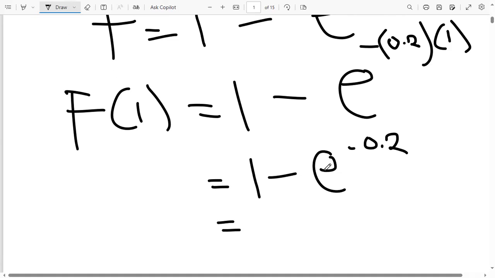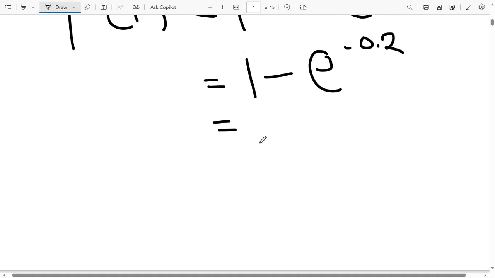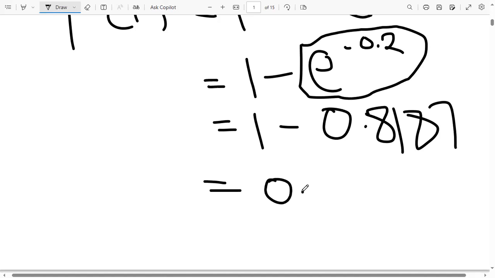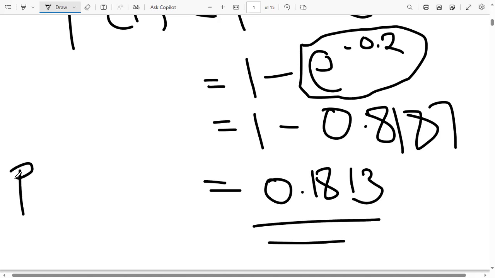You punch e to the power minus 0.2 into your calculator, and it gives 0.8187. So 1 minus this gives 0.1813. This is the probability that x is less than 1.